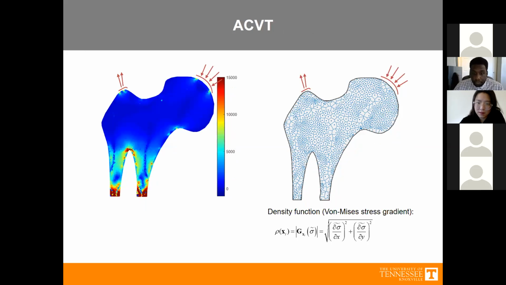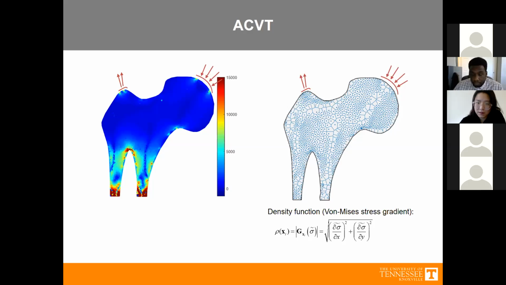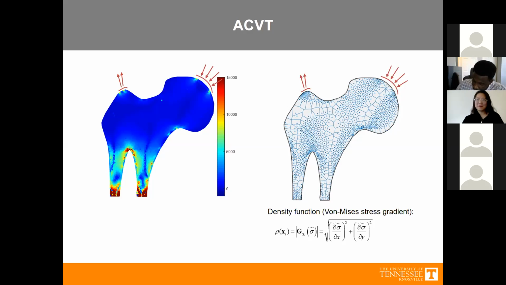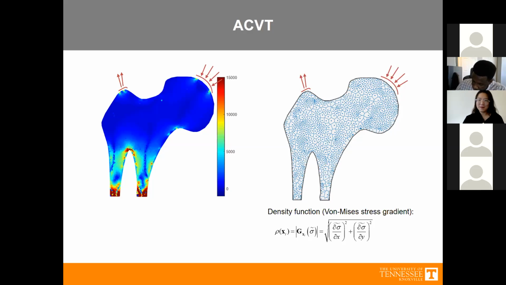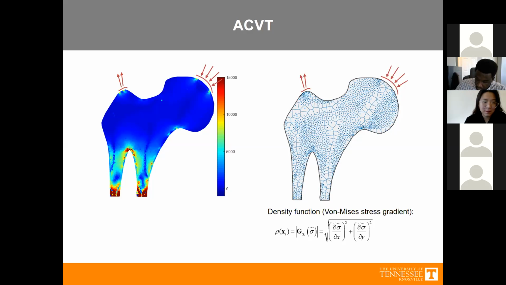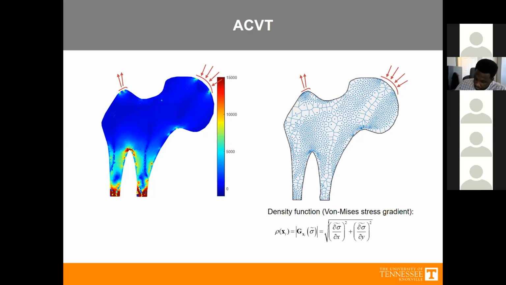So what he basically did is take the stress gradient function and apply that as the density function that drives the computation. We started with a very random set of points in the domain, and by applying centroidal Voronoi tessellation, those points redistribute to concentrate in the areas of high stress change.